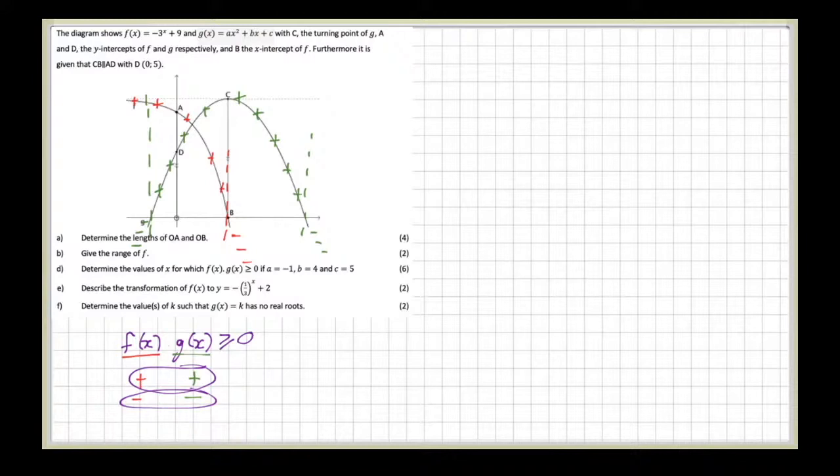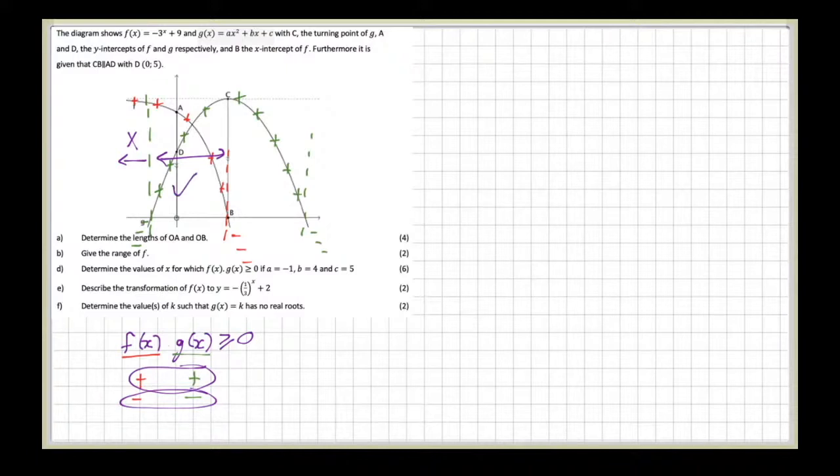Let's start on the left of the first x-intercept. Here I have a negative times a positive. I don't want that. Then in between these two sections, I have a positive times a positive. Yes, I want that.